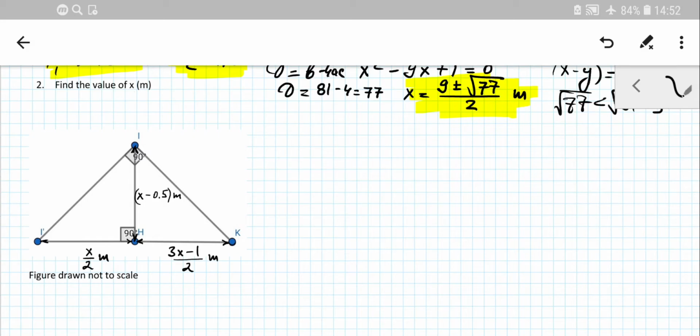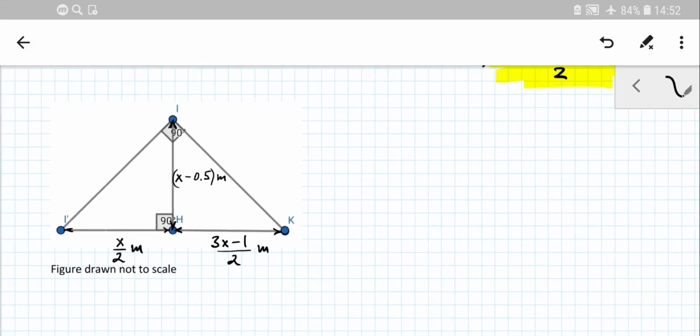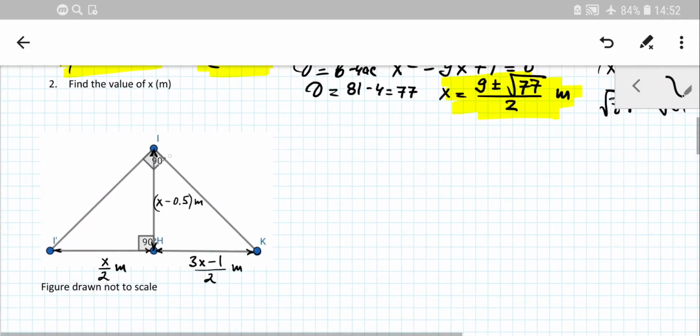So you need to find the value of x, and you see that each side here, for example, IH, is x minus 0.5 meters. That side, HK, is (3x minus 1) over 2. And that side, I, H, is x over 2.